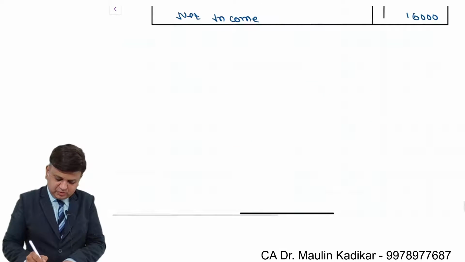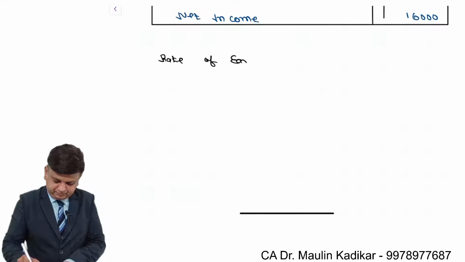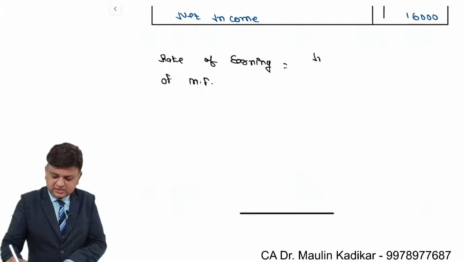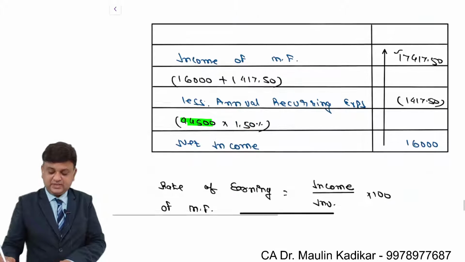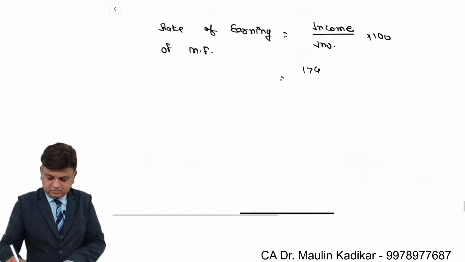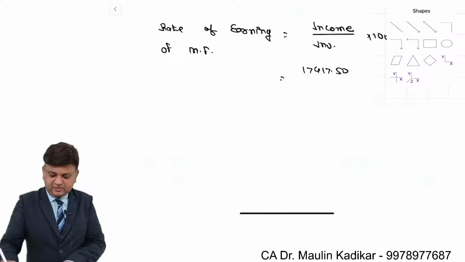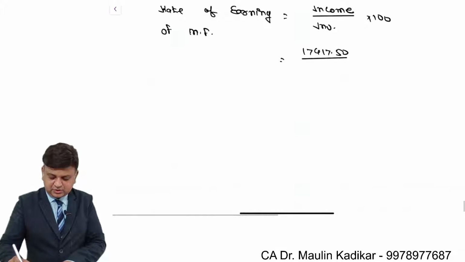So rate of earning of the mutual fund. It is income upon investment into 100. So the earning of the mutual fund should be this much: 17,417.5 upon 94,500 into 100.